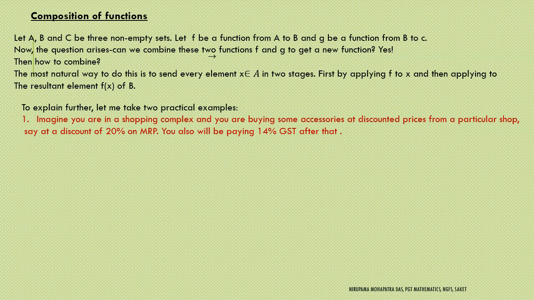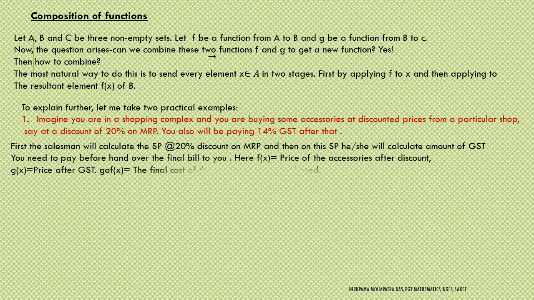Suppose you are in a shopping complex and you are buying some accessories at discounted prices from a particular shop. Say the discount is 20% on MRP. You are very excited, but at the same time you have to pay 14% GST as per the rule of the shop.